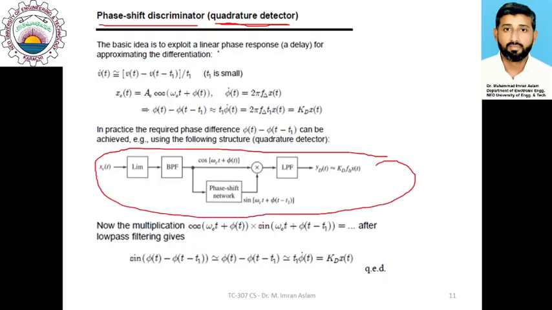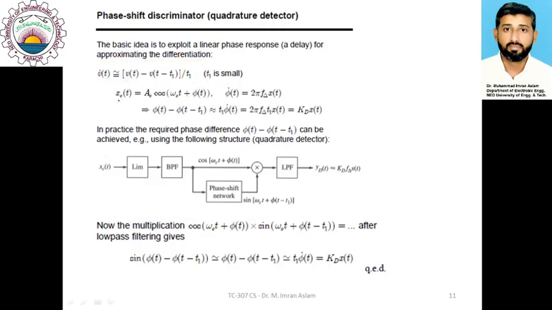Let me give you a simple case. Let's say we have a waveform v(t). The derivative of v(t) would be, by the first principle of derivative, v(t) minus v(t minus T1), divided by T1, where T1 is a very small number. So this is the basic definition of derivative from first principles.